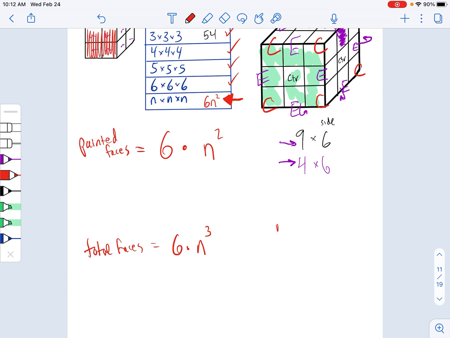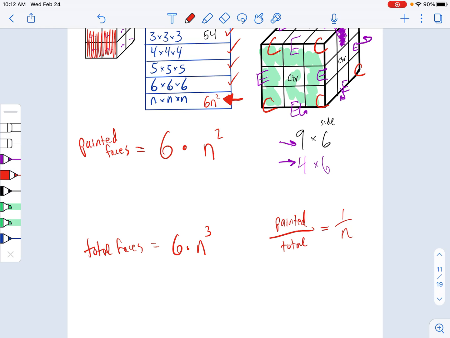Now, some of you might have figured out, after doing a lot of exploration, that the ratio of painted faces to the total number of faces, by the way, some of you didn't read directions, so you did painted to non-painted, which got you a different fraction. But the ratio of painted to the total ended up being 1 over n. You did 2 by 2 and 3 by 3 and 4 by 4, and you figured out it was always 1/3, 1/4, 1/5.